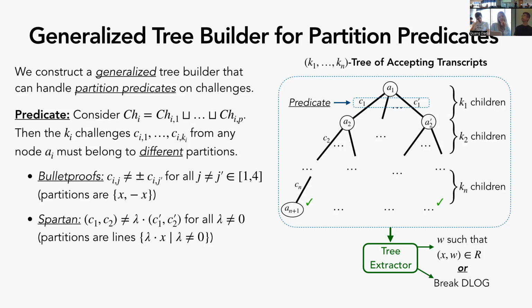Secondly, we have Spartan, where at one point there are two challenges sent back in a single round, and we have to rewind this once. And then we want these two tuples to be linearly independent. And this corresponds to partitioning the set of challenges into different lines.